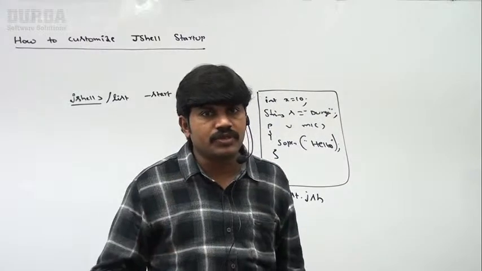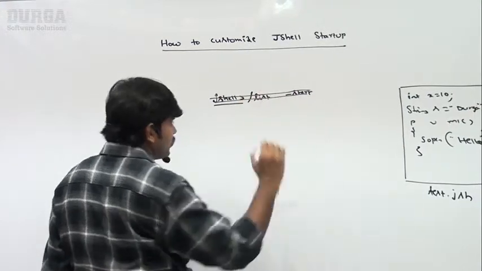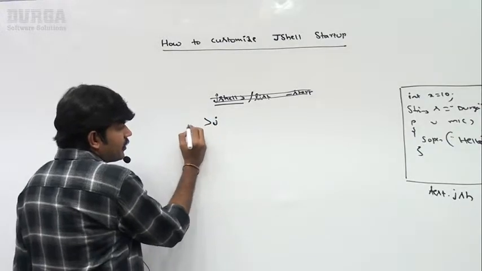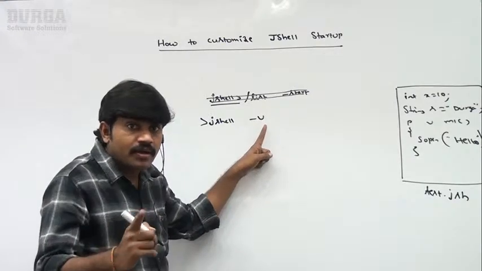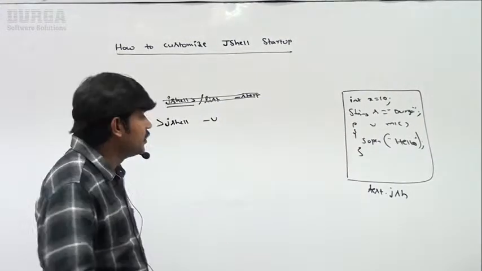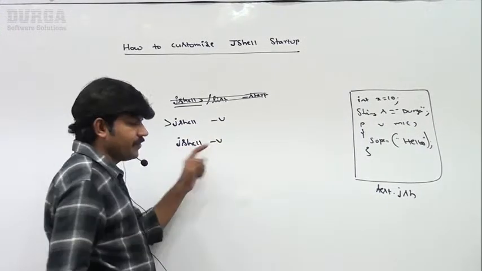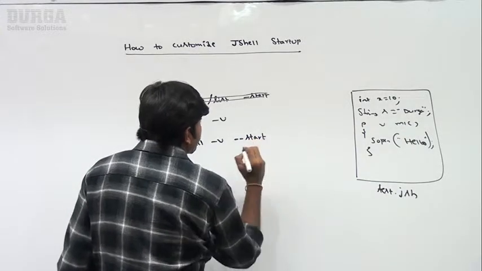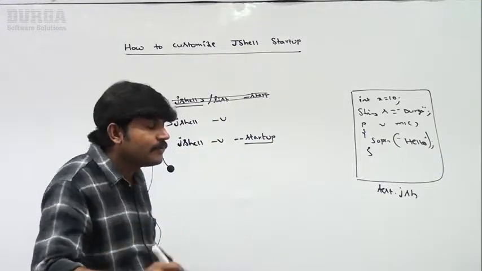So I want to customize JShell startup. How can you do that? Very simple, sir. If you want to log in to JShell from the command prompt, you use jshell -v. But if you want these as startup snippets, you have to use jshell -v -startup.